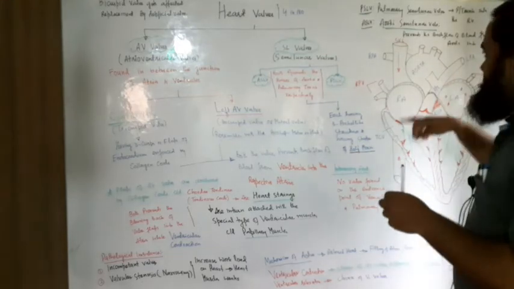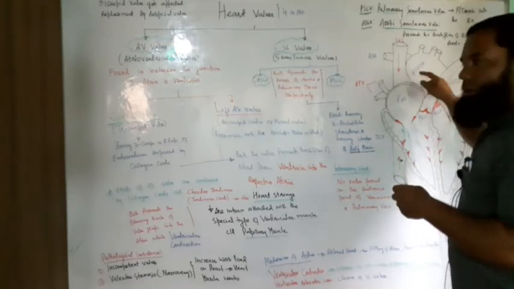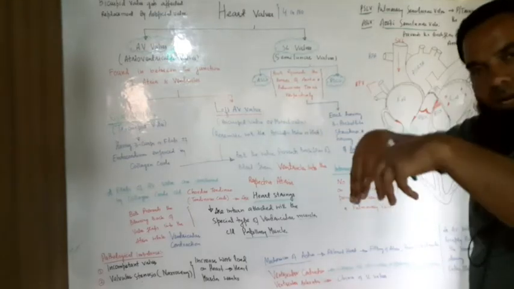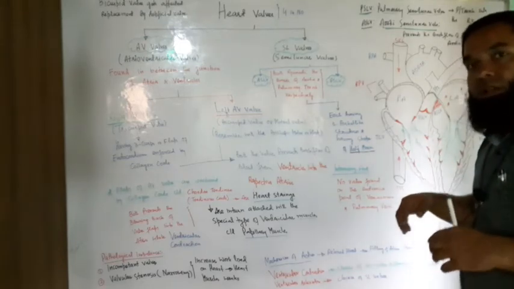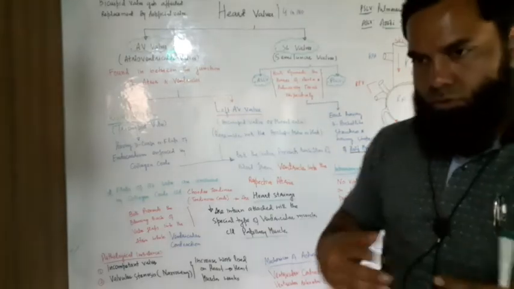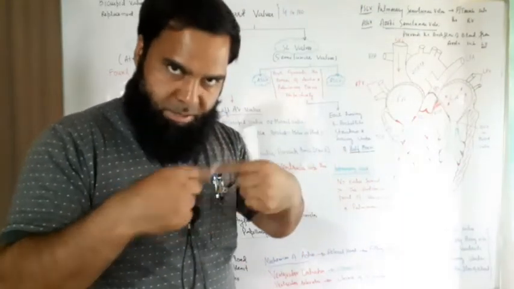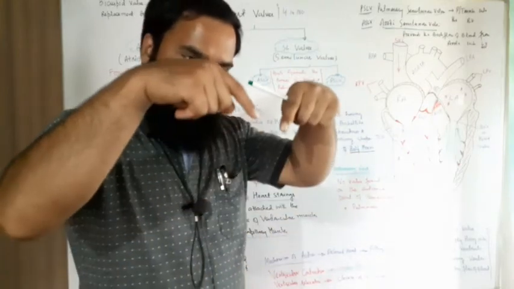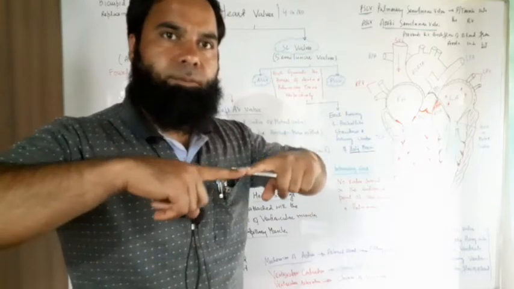What happens? The blood rushes from the pulmonary trunk and aorta, wanting to go back into the right ventricle and left ventricle. But as it rushes toward the ventricles, the semilunar valves, the PSLV and ASLV, get closed, because their cusps are filled with blood.